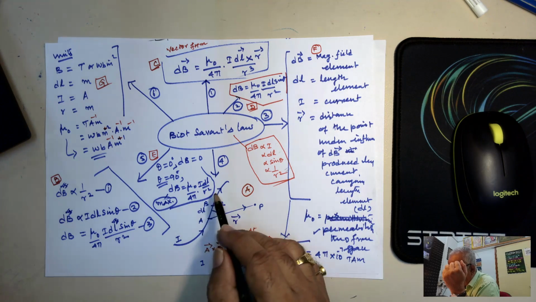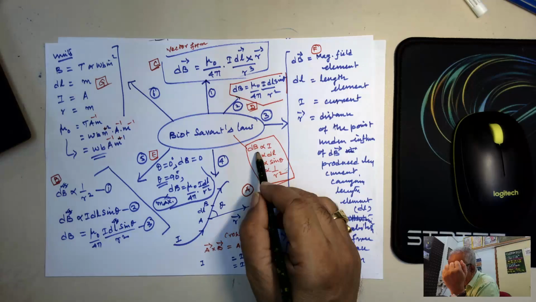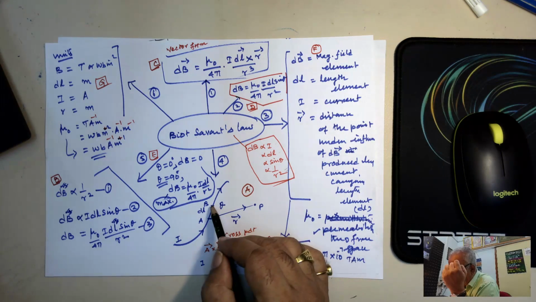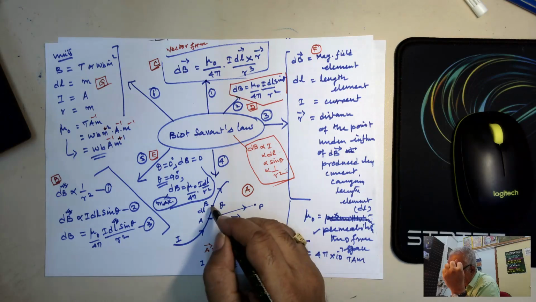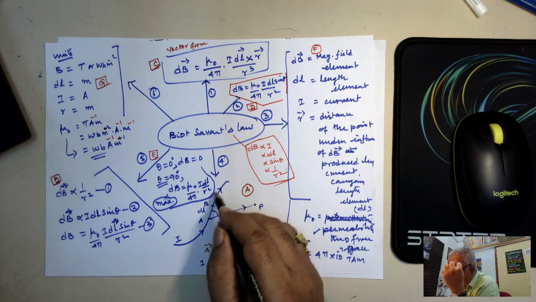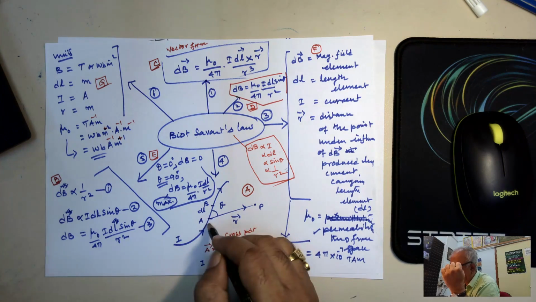This dB is the small magnetic field element produced by the small length dl of the conductor, the length element of the conductor.